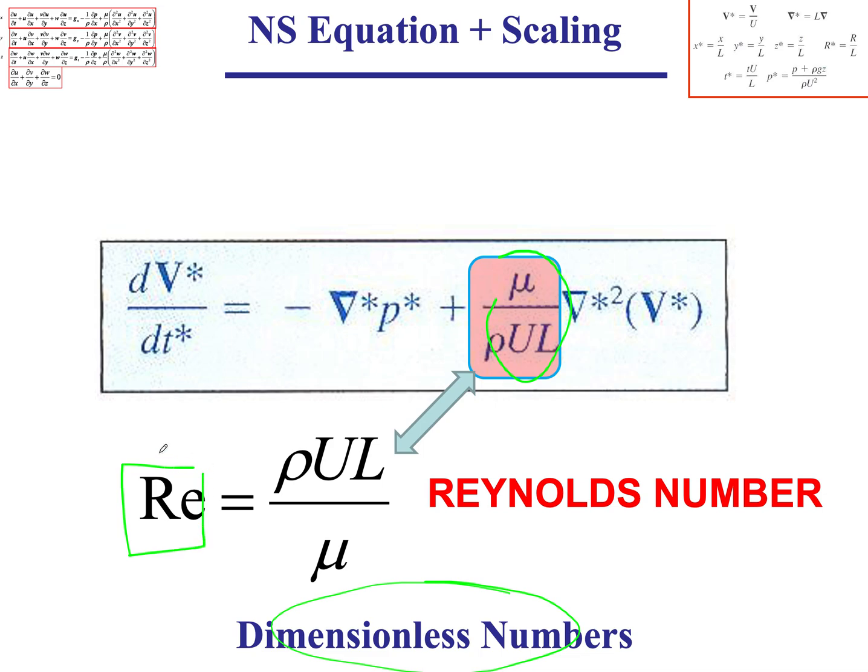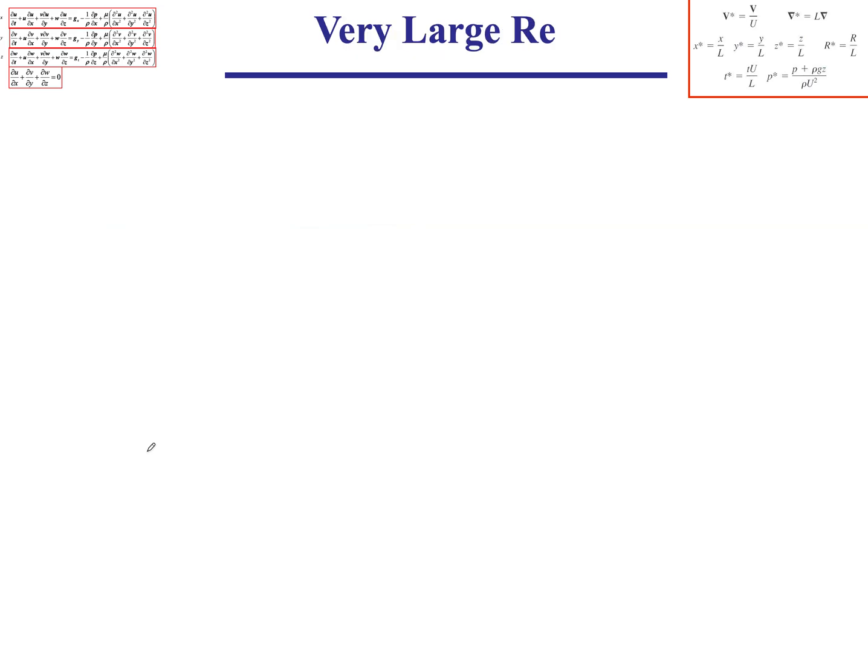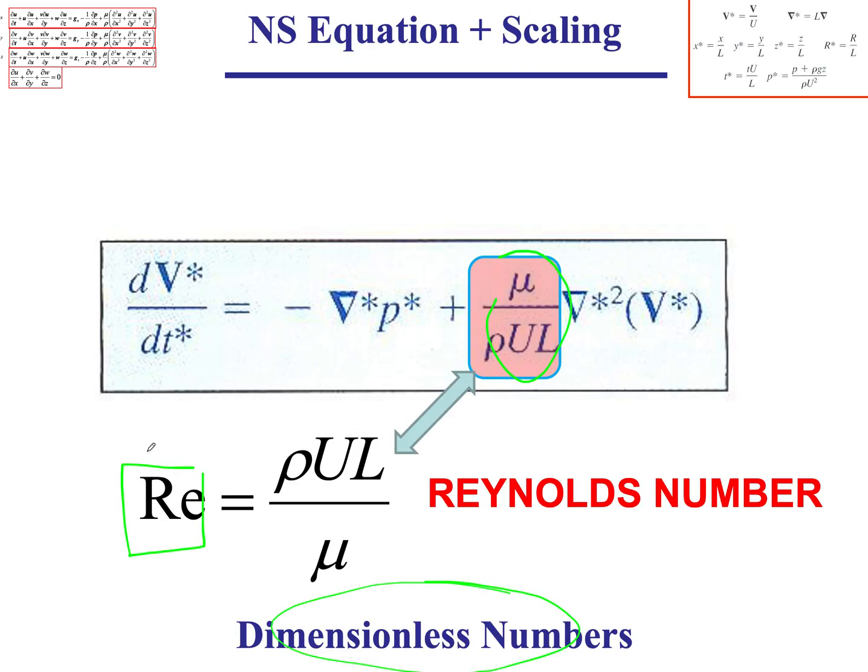Almost everyone who studies fluid mechanics will, at some point, have to invoke the Reynolds number in their equation. So let's see what this Reynolds number actually means and what its implications on the equation are going to be. If that's the Reynolds number, rho u L over mu, then this term over here is 1 over Reynolds number.